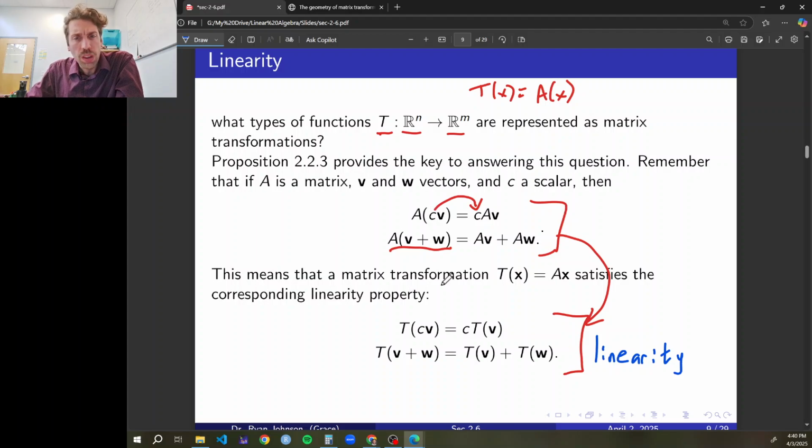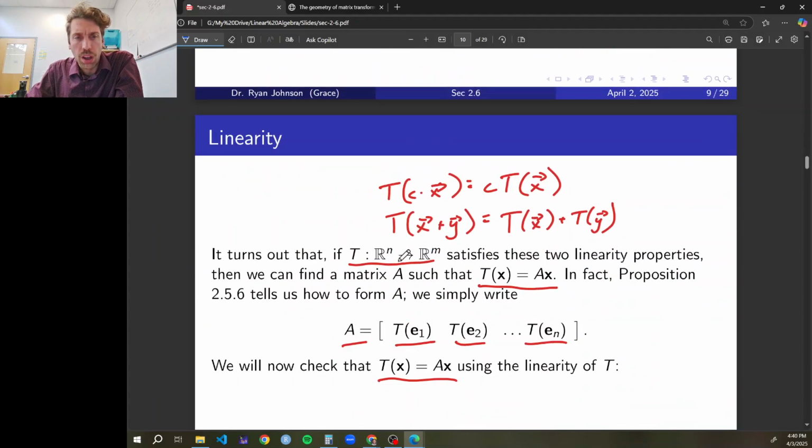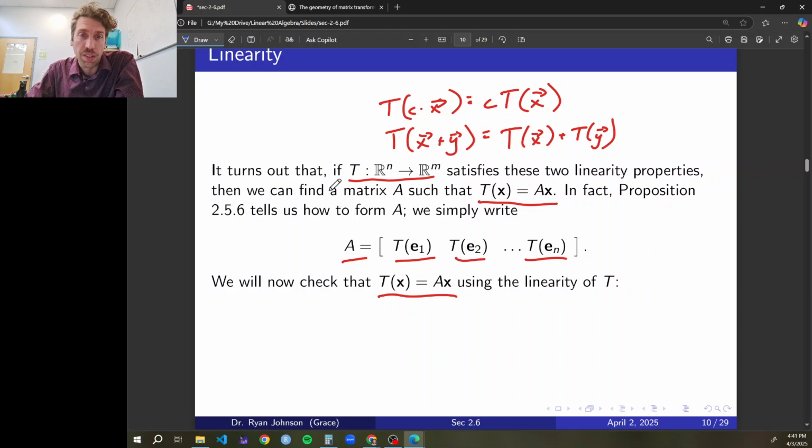So the question then is, the fun fact is any function going from vectors with real components to vectors with real components that satisfies those two linear properties can be written, it goes the other way basically, as T of x equals A of x. So the way to do that is start off with a function T that's linear.